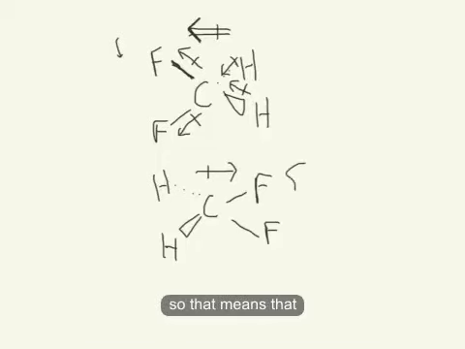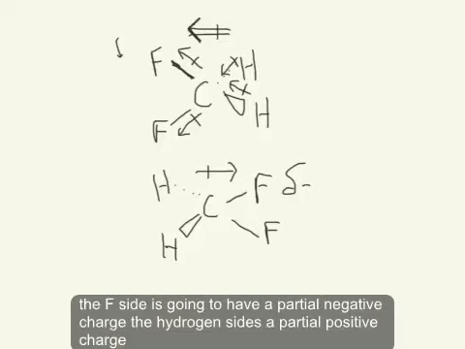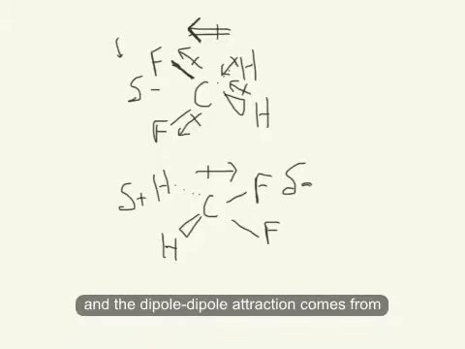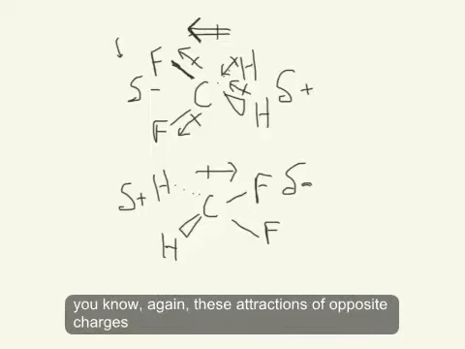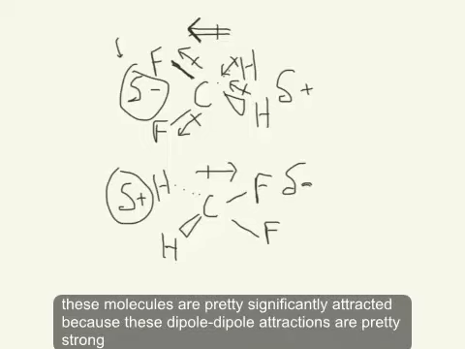So that means the fluorine side is going to have a partial negative charge, the hydrogen side is going to have a partial positive charge, and the dipole-dipole attraction comes from, again, these attractions of opposite charges. So these molecules are pretty significantly attracted because dipole-dipole attractions are pretty strong.